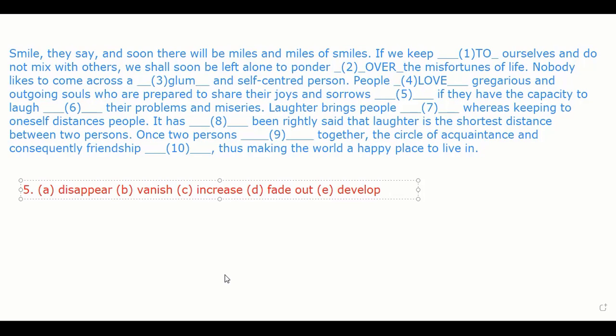Right. So guys, the most appropriate word here is vanish, because we can say fade out also, but fade out is a very slow process. Vanish, like disappear also, is an immediate process, but vanish is the appropriate word here. People love gregarious and outgoing souls who are prepared to share their joys, and sorrows vanish.